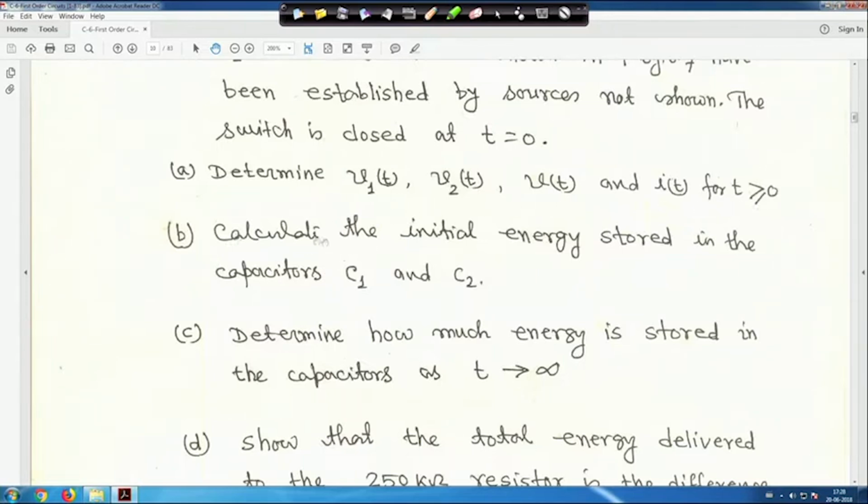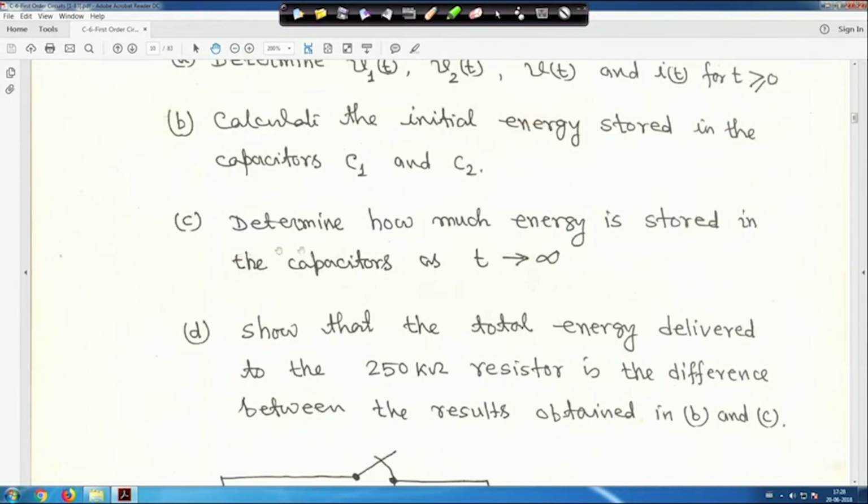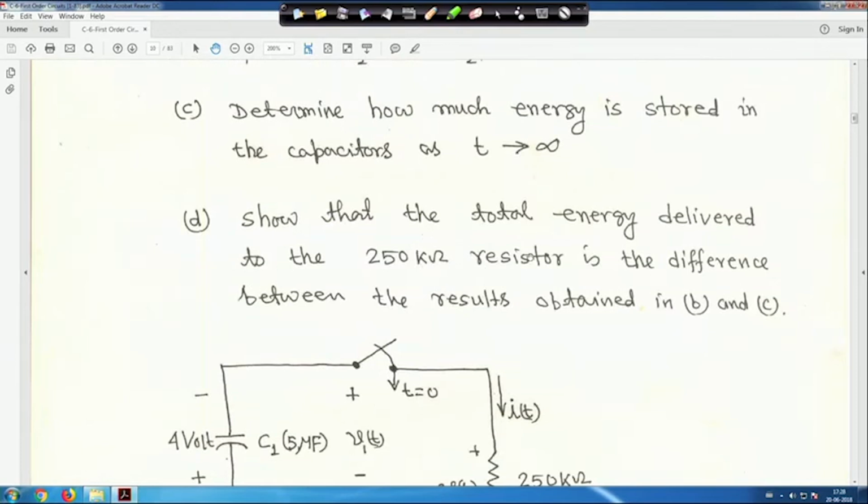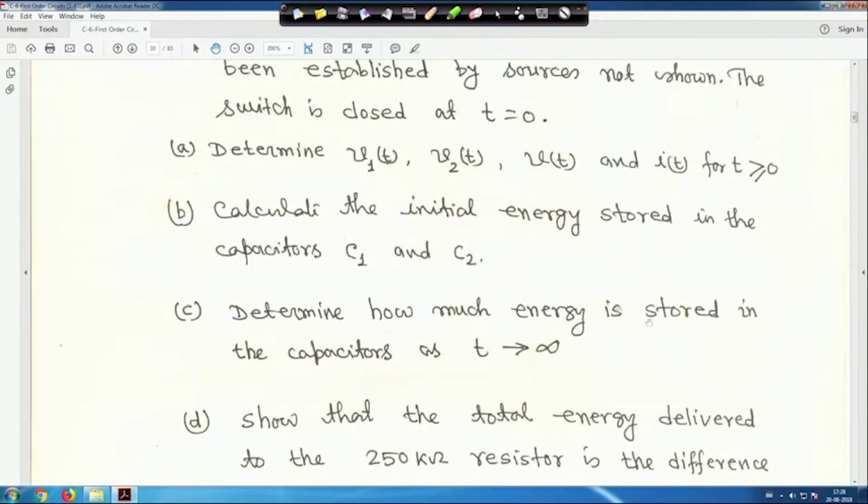Next, you calculate the initial energy stored in the capacitors C1 and C2. Next, determine how much energy is stored in the capacitors as t tends to infinity. And finally, the energy delivered to the 250 kilo ohm resistor is the difference between the results obtained in B and C. So, these are the 4 things you have to find, right.